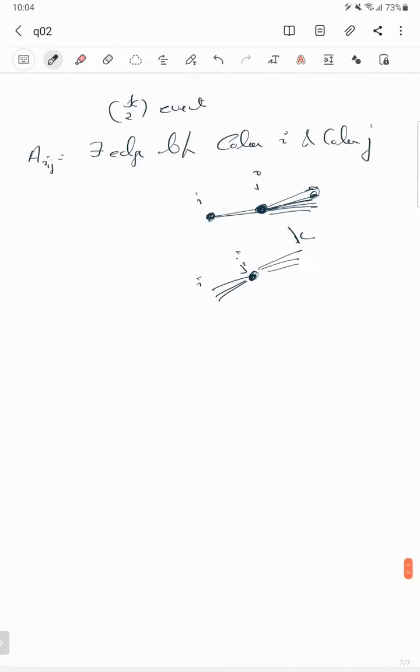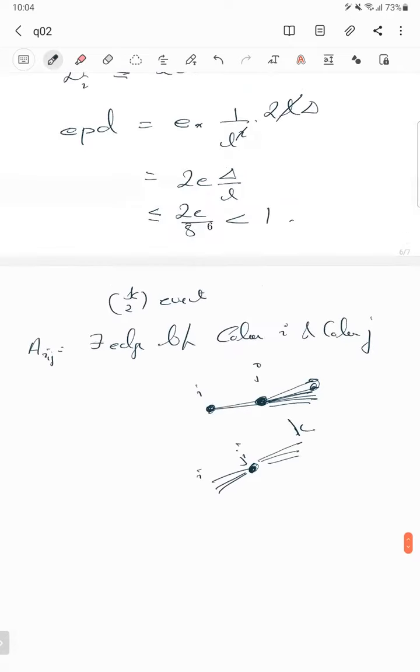But again, what I'm only arguing is at the level of an intuition, because unless you formally write it out, your event A_ij is a very complicated event. Okay. Even what is the probability of A_ij?